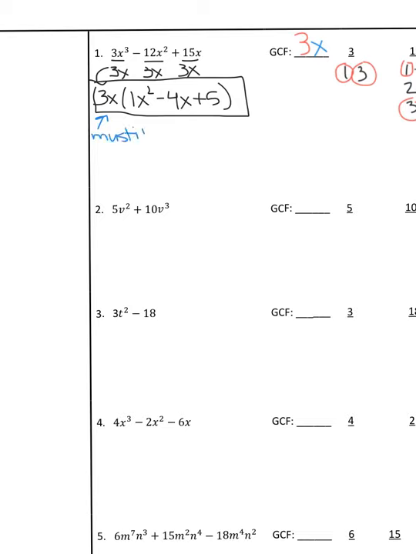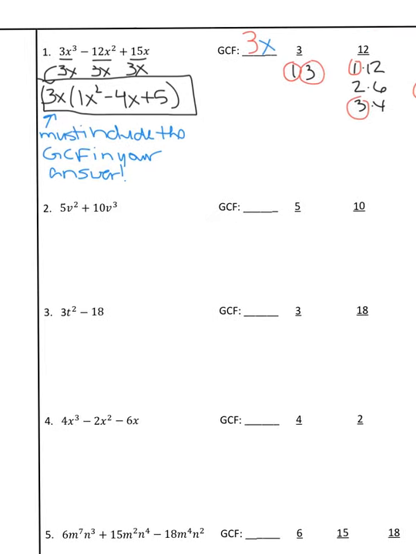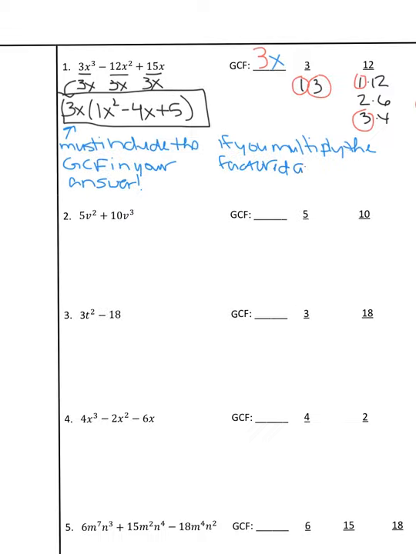So you must include the GCF in your answer, because if you multiply the factored answer, you get the original polynomial. I can't read my writing very well, I apologize.